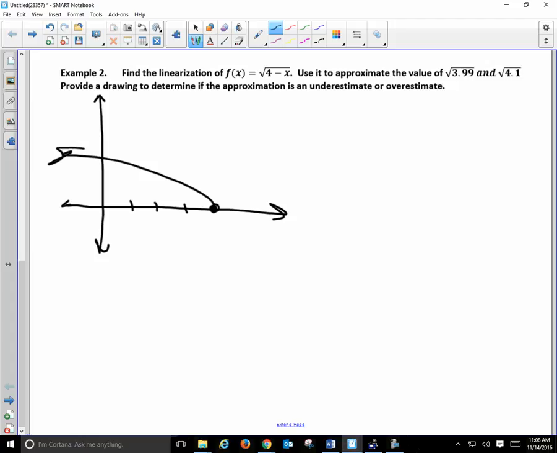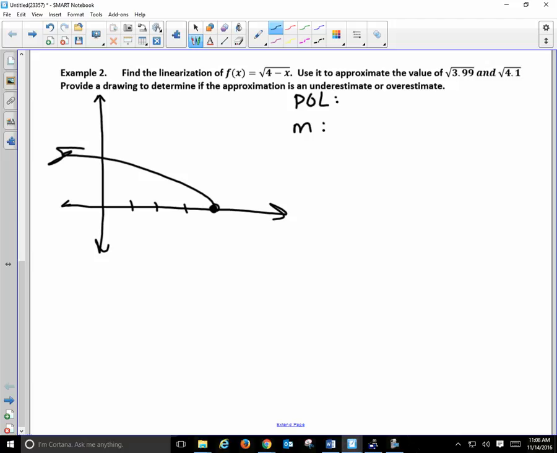Now, part of what I want to be careful about is this. If I plug in 0, I end up with the square root of 4. And so we will identify the point at which we want to use the linearization. So we have to find a point on our line, and we have to find a slope.